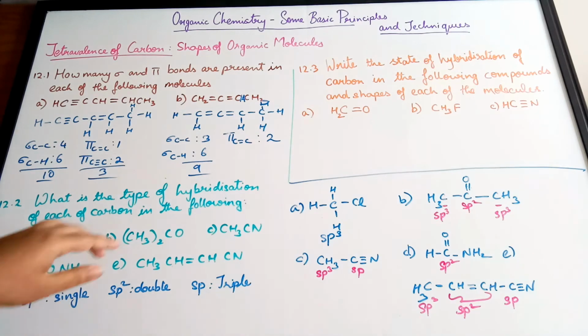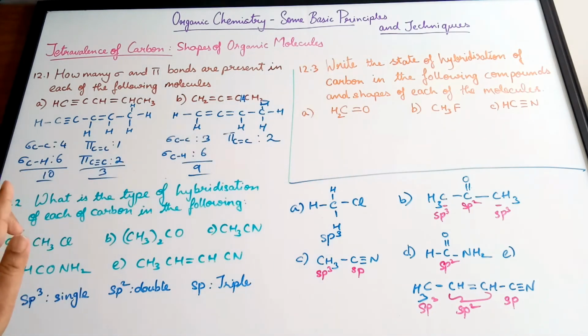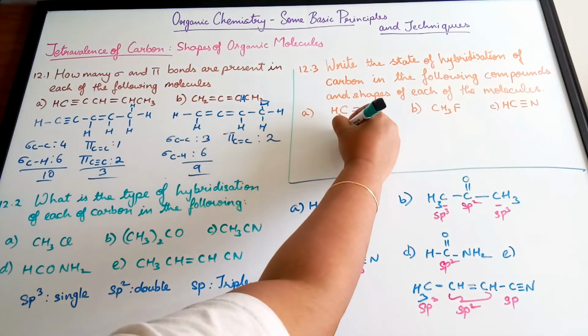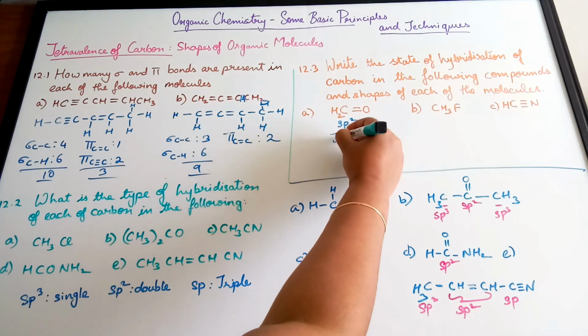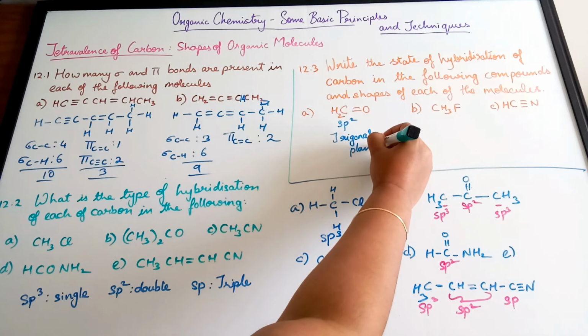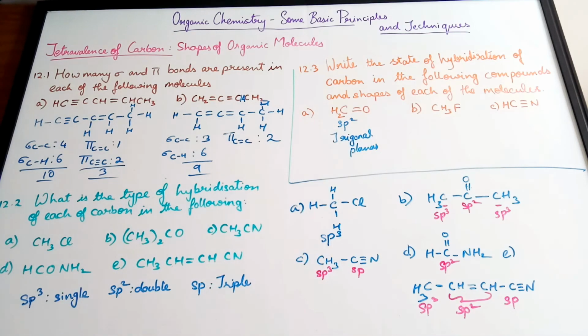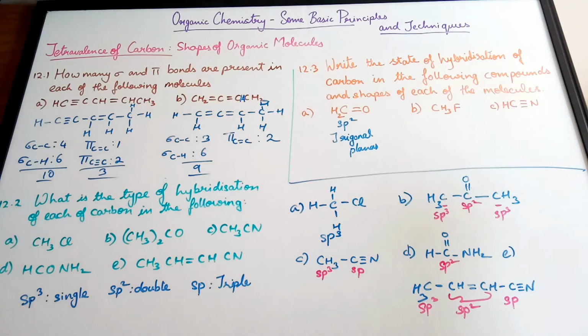Now the third question, write the state of hybridization and shapes of each of the molecules. Now the first one, here you already have a double bond between the carbon and the oxygen. This means that the carbon is sp2 hybridized, and because it's sp2 hybridized, its shape is going to be trigonal planar. Next, CH3F, so fluorine, okay fine, 3 plus 1 equals 4, which means this carbon atom is bound to 4 other atoms, which means it has only single bonds.